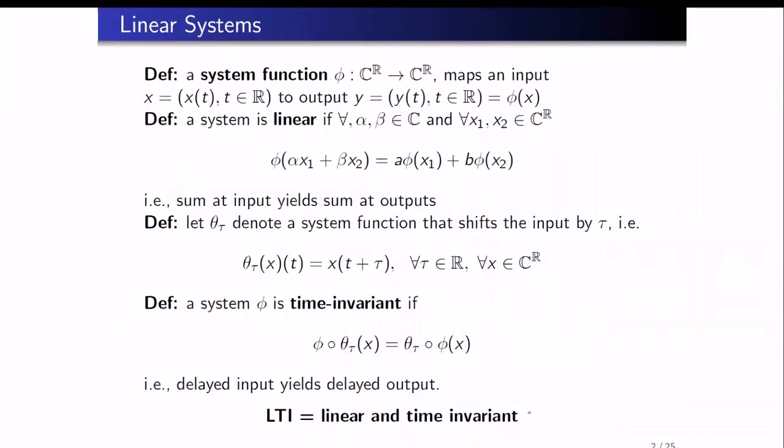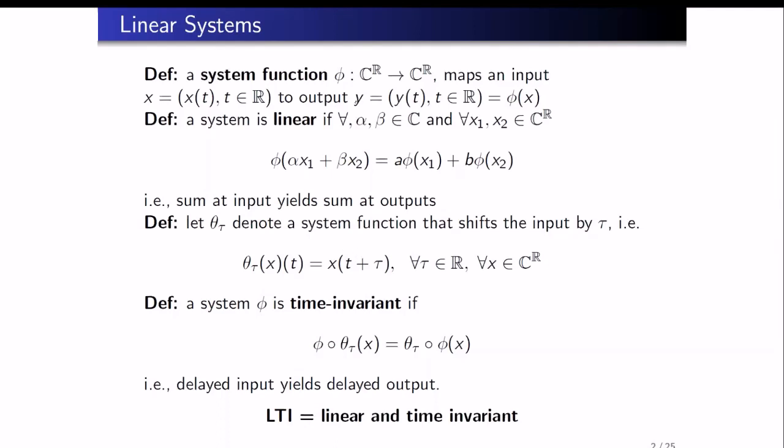Let me recall what a linear time invariant system is. First, we will look at a linear system. A linear system simply means that if you apply x1 and get output phi(x1), and if you apply x2, you get output phi(x2), then if I apply alpha x1 plus beta x2 on this system, I get the output alpha phi(x1) plus beta phi(x2).